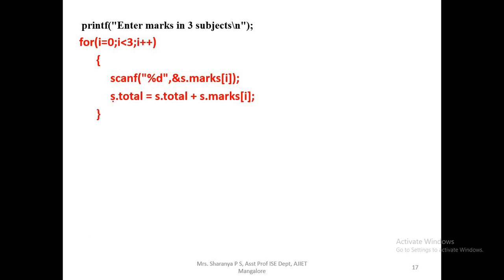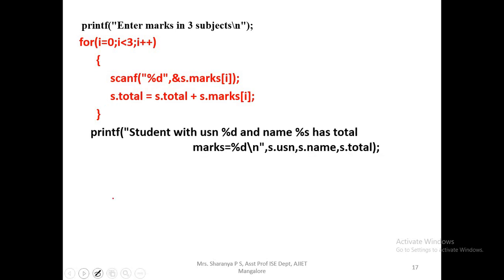What does this s refer to? This s is the structure variable name. And now finally we are printing the details. Student with USN and name and total marks; in order to print, once again we have to refer to the structure members by referring to the structure name.